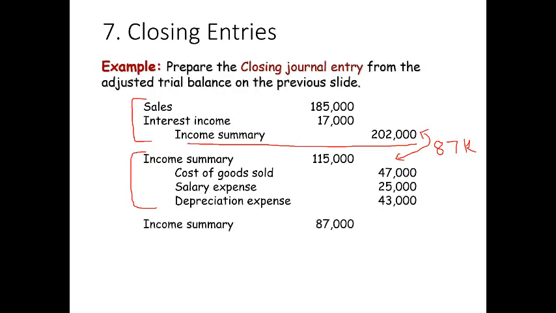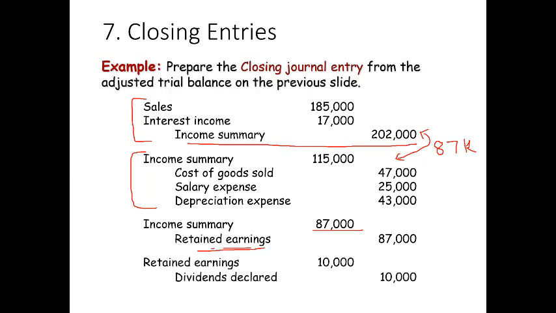All right. So then we're going to close that out to retained earnings. That's where we're going to retain our net income, our earnings. So again, we have a credit balance of $87,000 in the income summary. We debit it to close that one out to retained earnings. Then we close out dividends to retained earnings, that $10,000 balance. We want that to be zero.